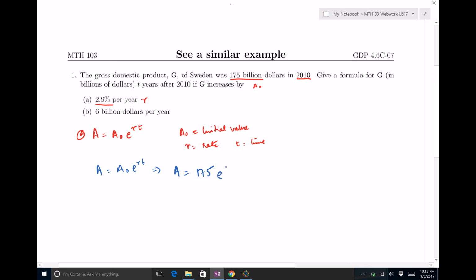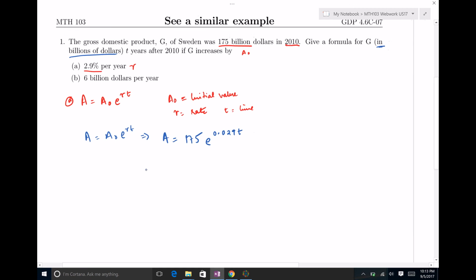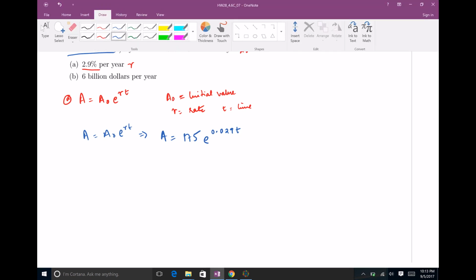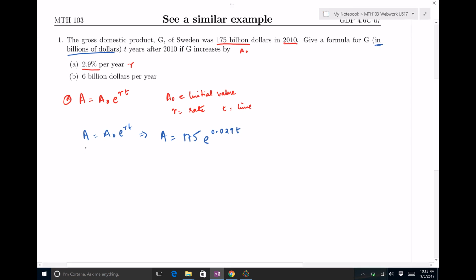e to the rate, which is 0.029 times t. Actually, we're okay with 175 because we're supposed to give a formula for this in billions of dollars. I apologize, I should have used G instead of A, but that's an easy fix. Just imagine I have G equals G sub 0 e to the r times t.